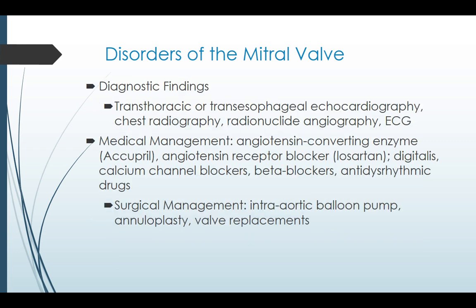Diagnostic findings: transthoracic or transesophageal echocardiogram, chest radiography, angiography, EKGs. Treatment: angiotensin converting enzyme inhibitors, Accupril is one of them, angiotensin receptor blockers like losartan, digitalis, calcium channel blockers, beta blockers, anti-dysrhythmia drugs.